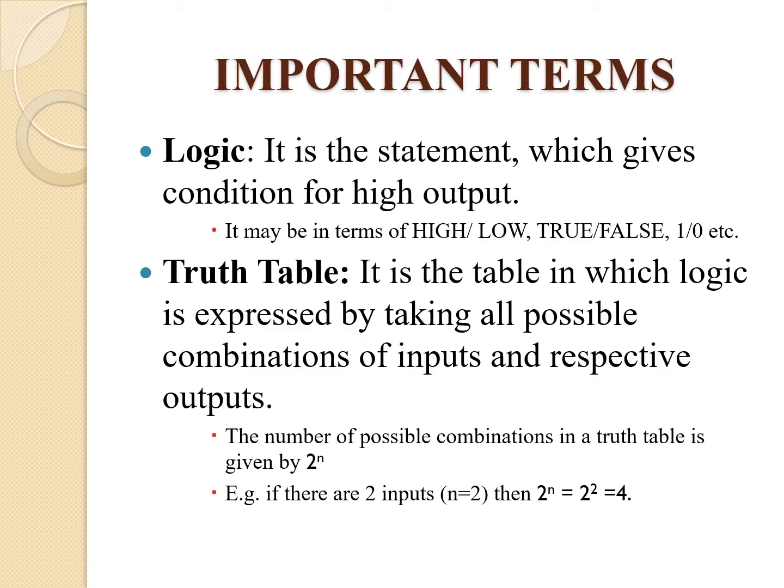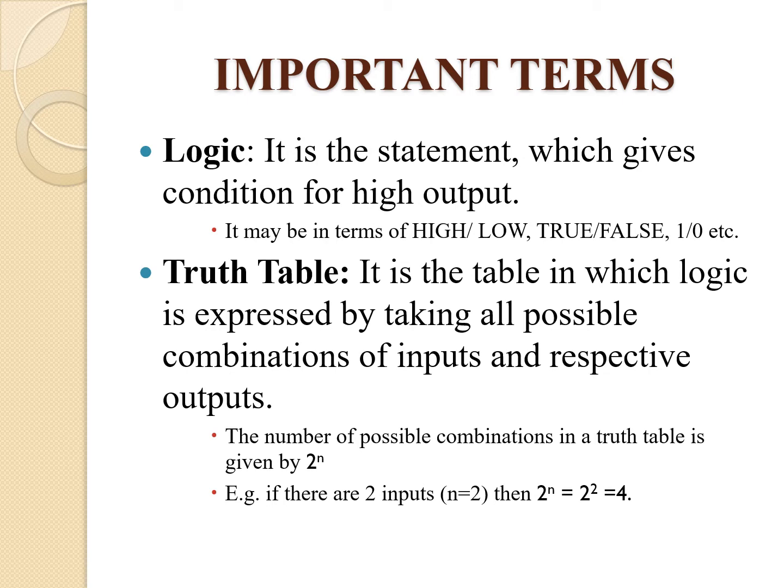Now we will go through some important terms. First term is logic. It is the statement which gives condition for high output. It may be in terms of high or low, true or false, 1 or 0, etc. Now truth table. It is the table in which logic is expressed by taking all possible combinations of inputs and respective outputs.